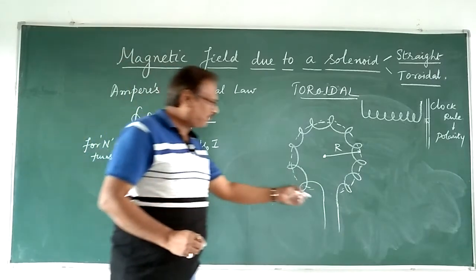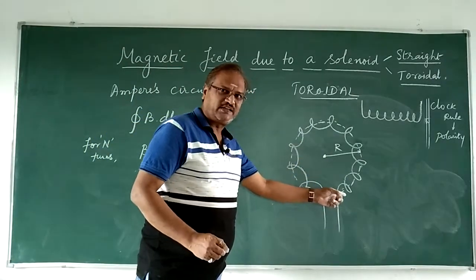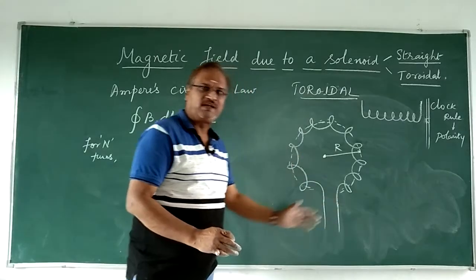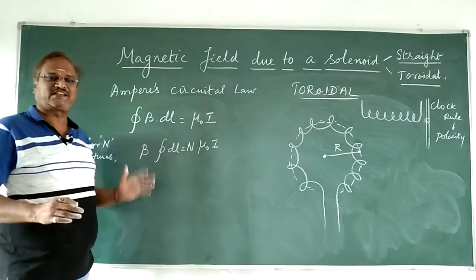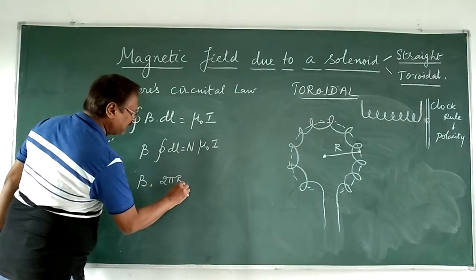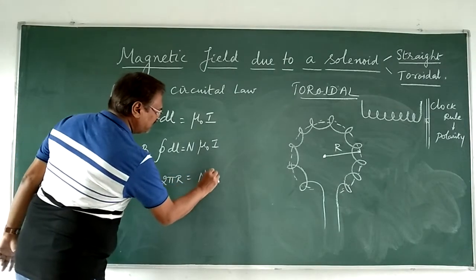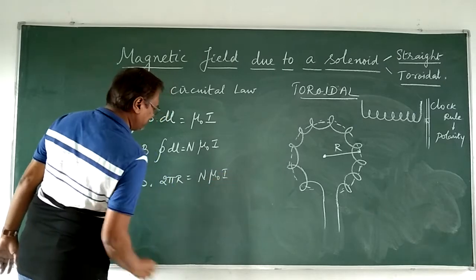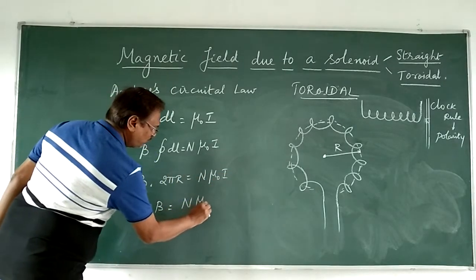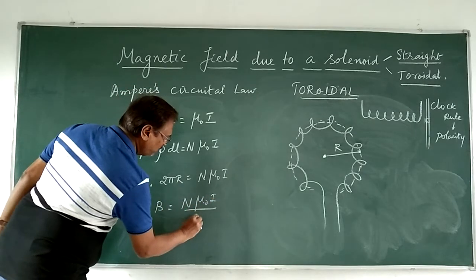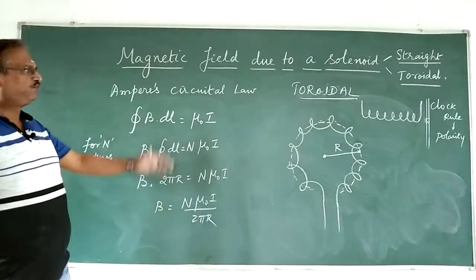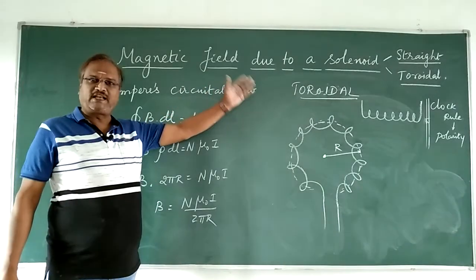Integral dl is total length of the solenoid. Instead of putting L, I have to put, it is in circular form, circumference of the solenoid. That is 2 pi r, which is equal to n mu naught I. Or I can say B is equal to n mu naught I upon 2 pi r. So this is the formula for a toroidal solenoid.